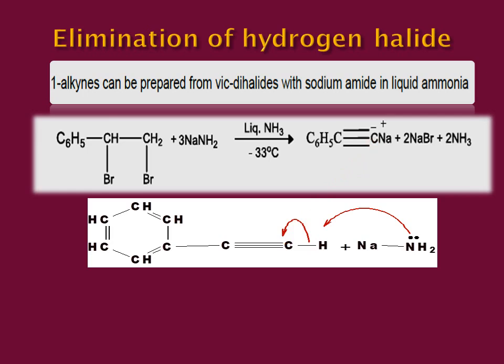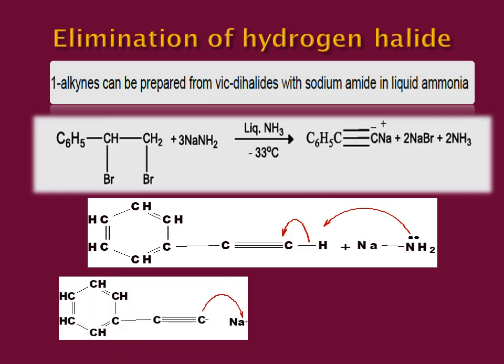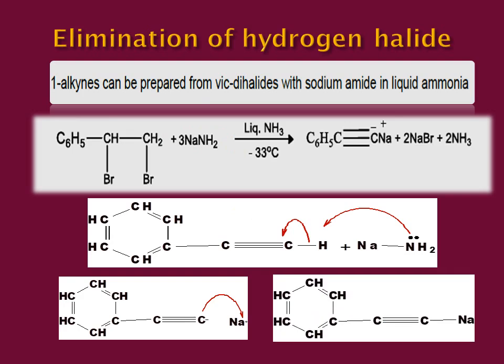So, the negative charge on this carbon atom is going to attract the sodium ions that are present in the solution, and it is going to make sodium alkanide or sodium acetylide.